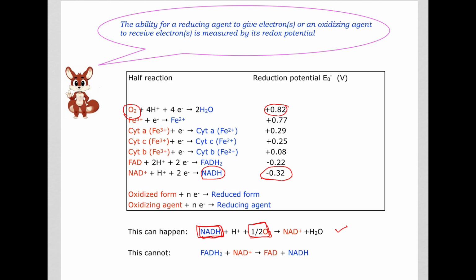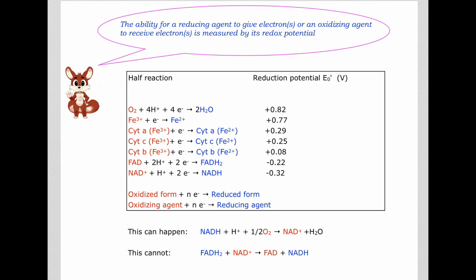So basically we are transferring electrons from NADH, the reducing agent, to oxygen, the oxidizing agent. So NADH to oxygen. Can this happen? Yes. When you're going from a low value, in this case minus 0.32, to a higher value, in this case plus 0.82, this reaction can happen.